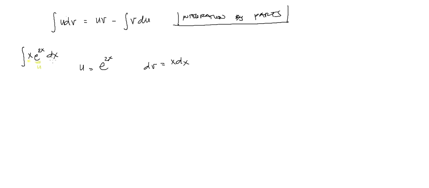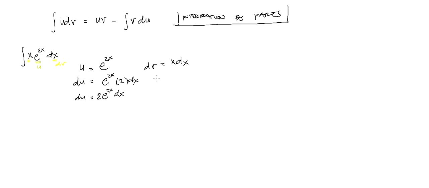The derivative of this u is du, so the derivative of e^(2x) is 2 times e^(2x) dx. That is our du. For our dv, if we take the integral of dv, we will have v, the integral of x dx, which is x squared all over 2.